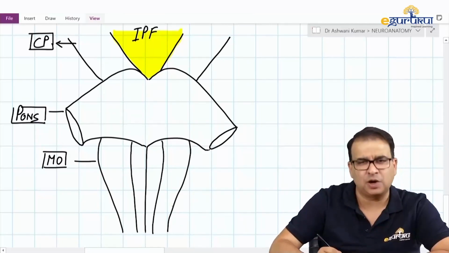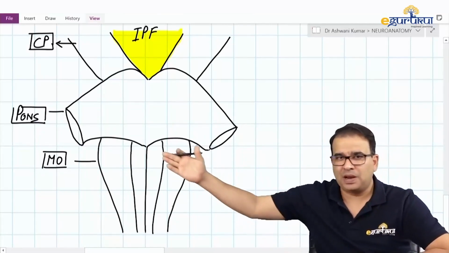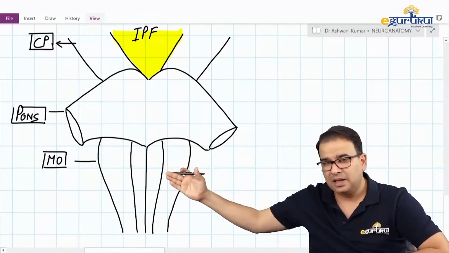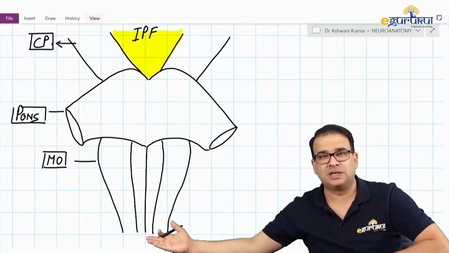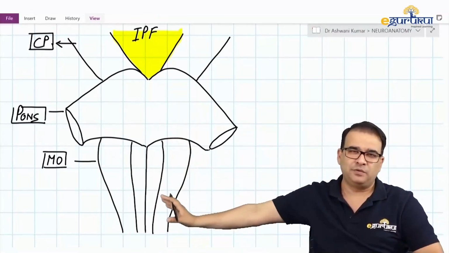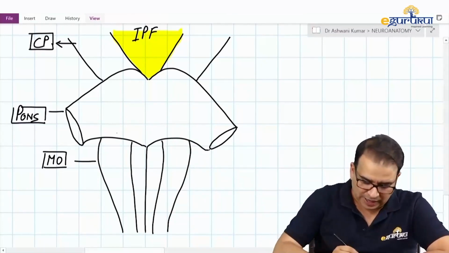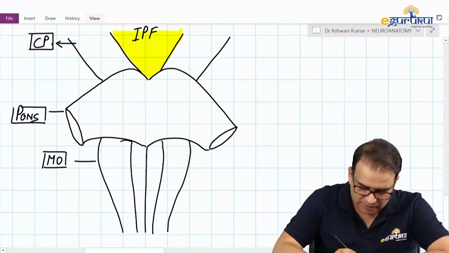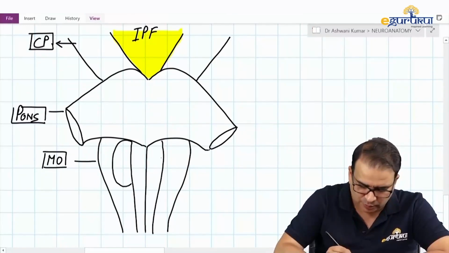Clearly we call them pyramids because of the pyramidal tract. As we know, the pyramidal tract will keep running on the same side, and in the lower medulla oblongata, they decussate. So that's why you can see the pyramid present in most of the ventral aspect of medulla. And more lateral to the pyramid, you can see another very prominent elevation here called the olive.